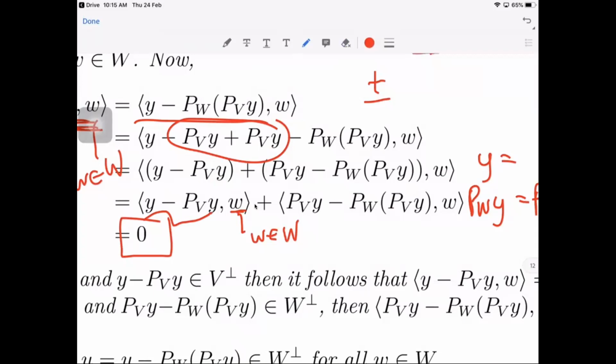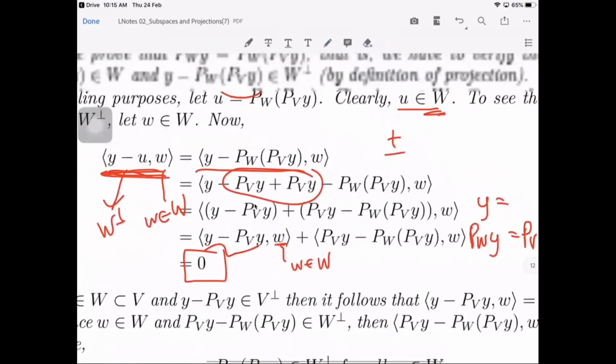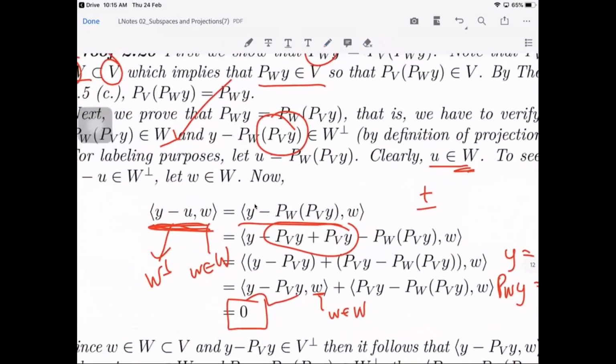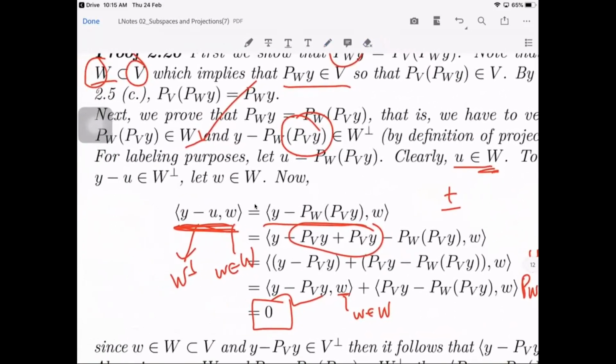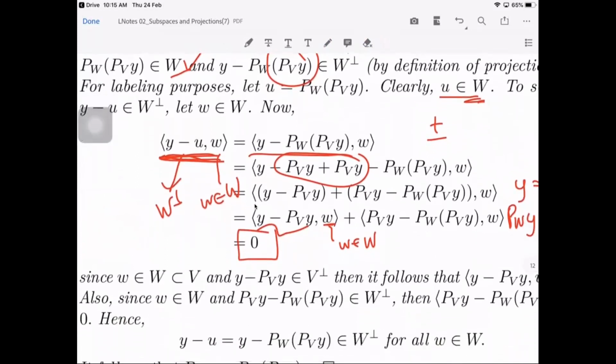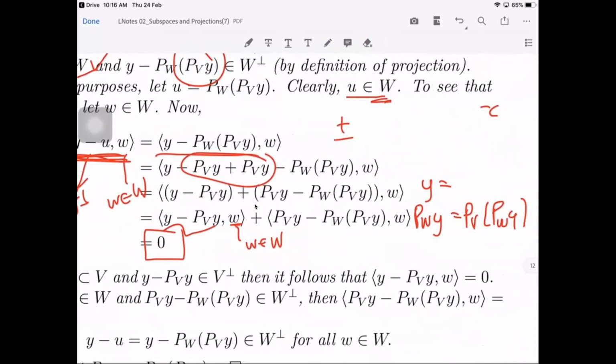Y minus the projection of Y unto V. Where is that? This is in W. Okay.